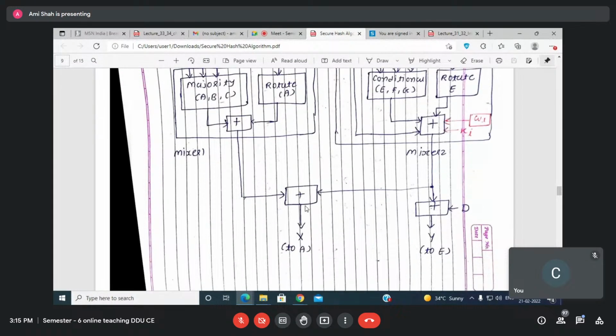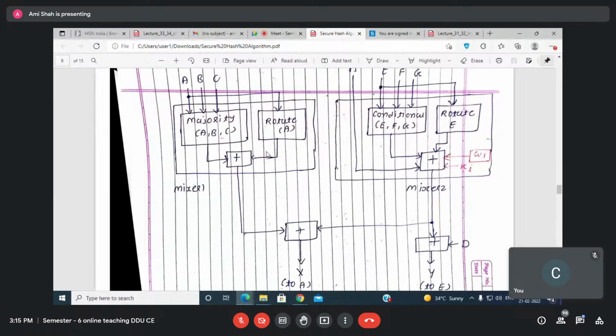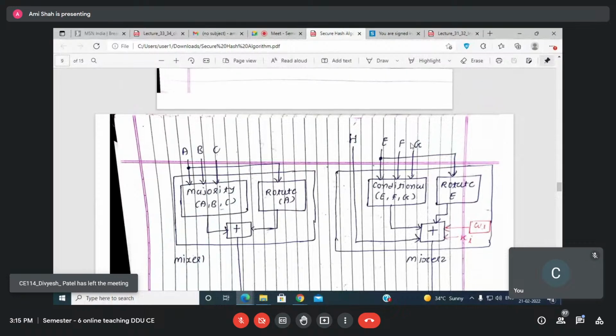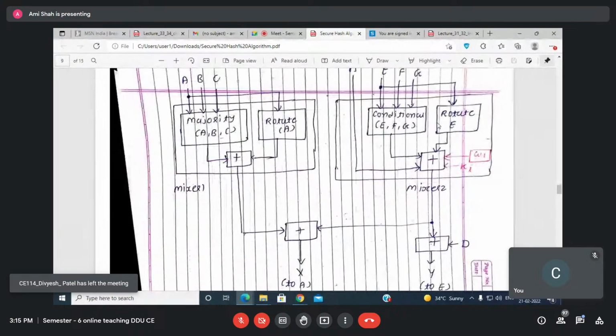And then again here plus means, see actually what happened. First majority of ABC is performed, rotate A is performed. Later I will explain what majority and rotate are. Then in between the addition modulo 2 raised to 64 is performed, so you get some value. Again here the conditional EFG is performed, rotate E is performed; right now you have to assume some functionality is there.